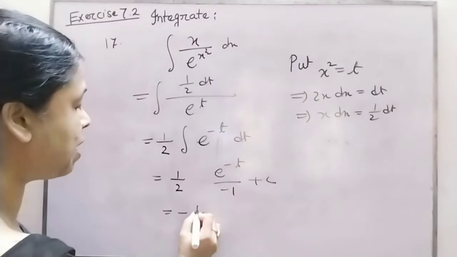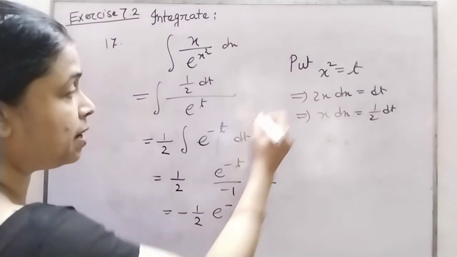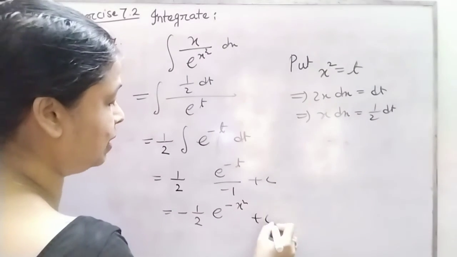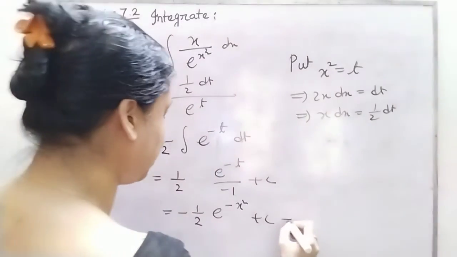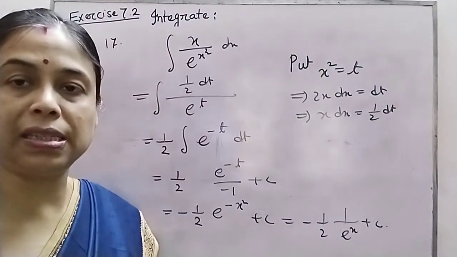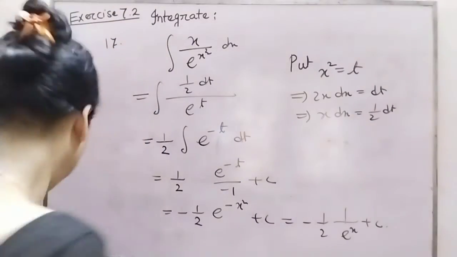That is minus half e to the power minus t. T means x square, plus c. So this can be written as a positive expression: minus half 1 by e to the power x square, plus c. This is the solution. Got it?